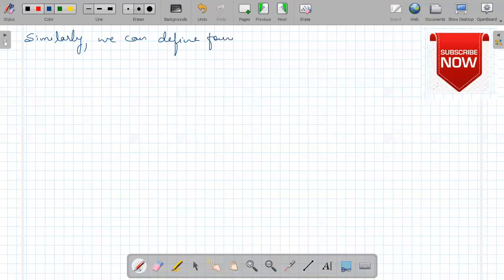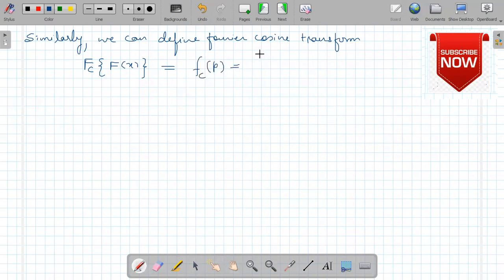It is also called the infinite Fourier cosine transform, and the notation of this is Fc of f(x). Fc means infinite Fourier cosine transform, and it is denoted by Fc(p) and defined as the integral from 0 to infinity of f(x) cos px dx.